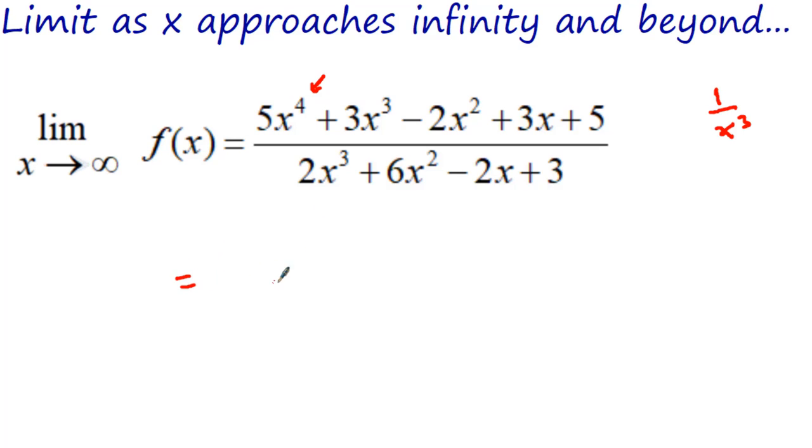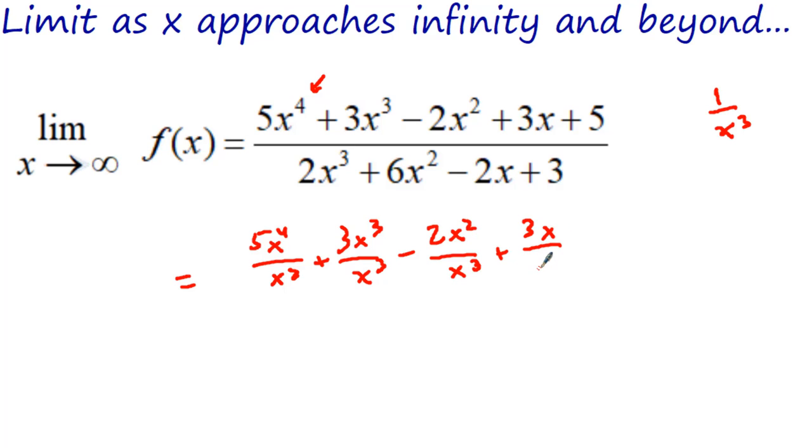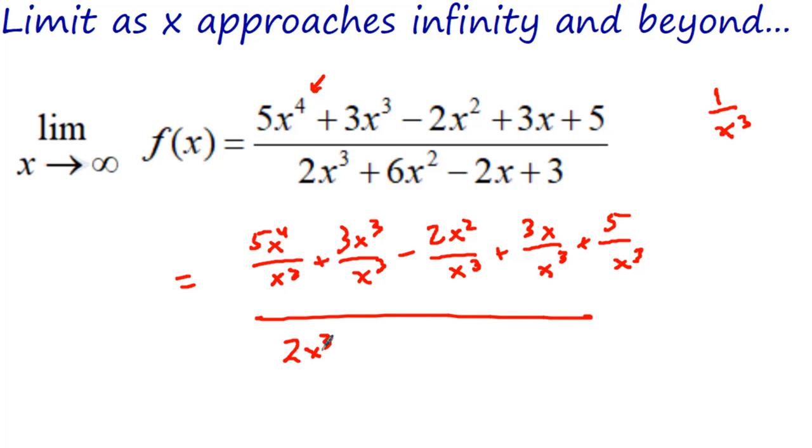And so what we have here is 5x to the fourth over x to the third plus 3x to the third over x to the third minus 2x squared over x to the third plus 3x over x to the third plus 5 over x to the third, over 2x to the third over x to the third plus 6x squared over x to the third minus 2x over x to the third plus 3 over x to the third.